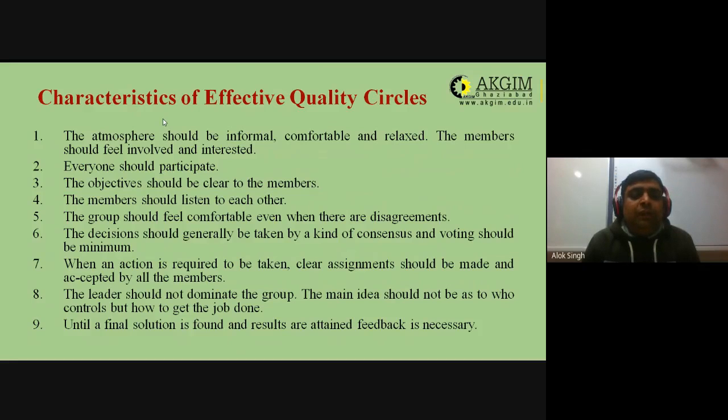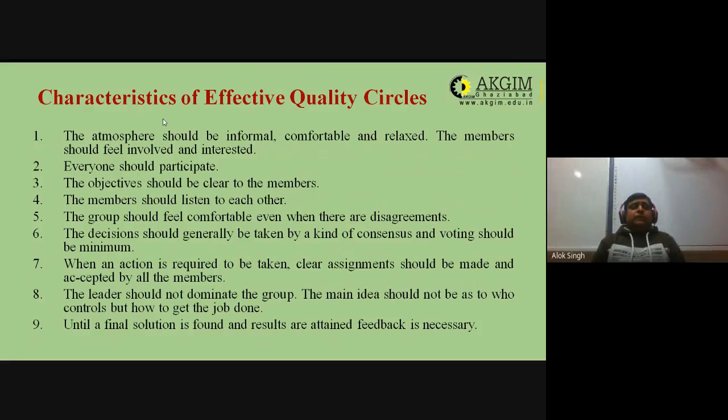If there is disagreement, the role of the supervisor is much greater in this case. You should resolve the issues of disagreement within this quality circle.